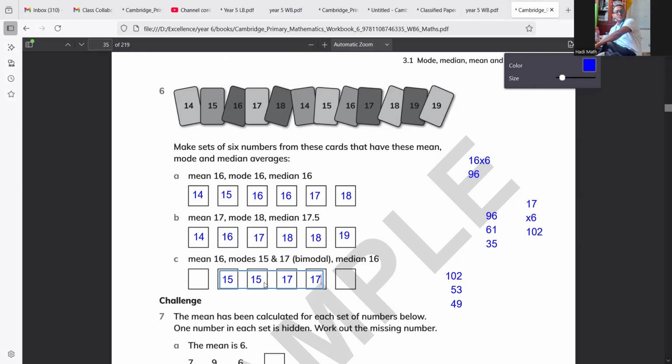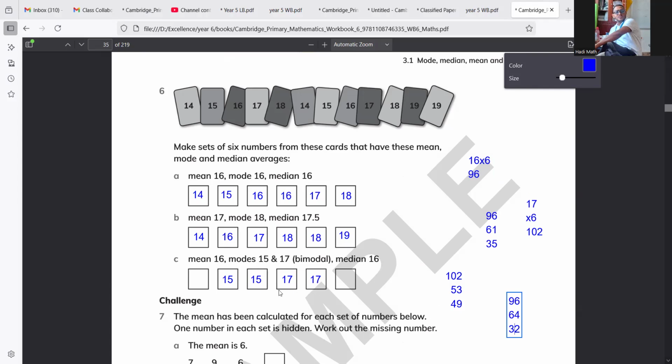15 and 15 is 30, and 30 and 34 is equal to 64. And we say when the mean is 16, all of them should give us 96, because we multiply 16 by 6. Then we see what is left. We need 32, so we need two numbers that give us 32.